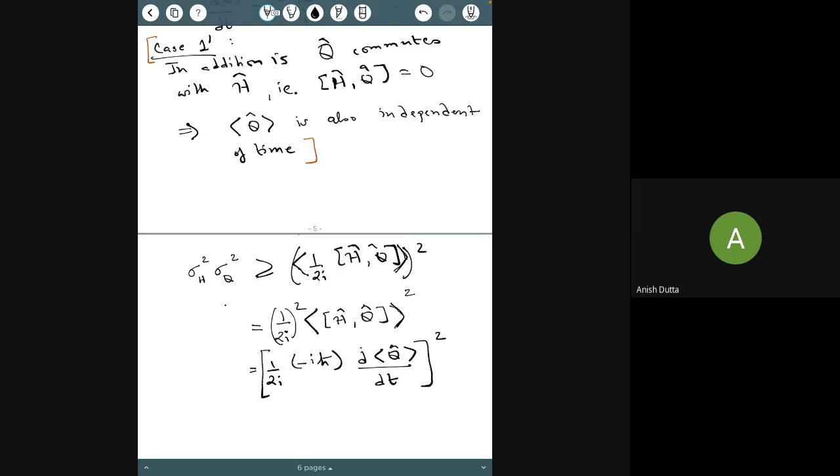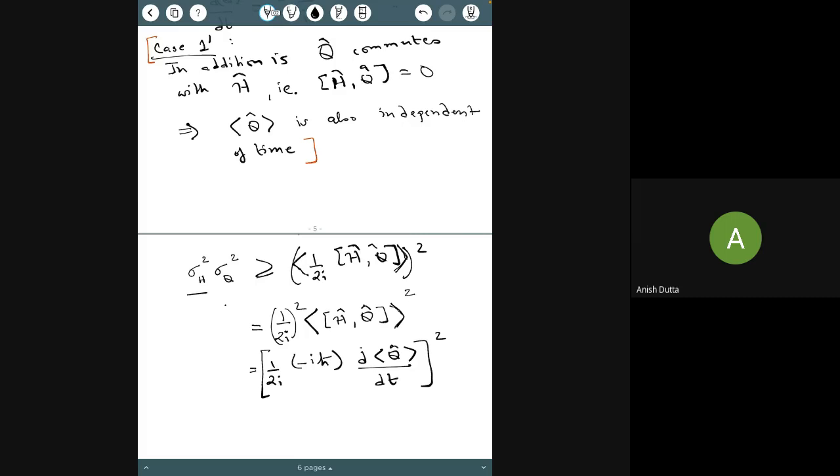Okay. So far what we have got is uncertainty in energy, that is sigma h squared, and how that relates to an uncertainty in any other property Q. I have not said what Q is so far, but what I have said is that the time evolution of a state is related to how some observable quantity changes with time for that state.